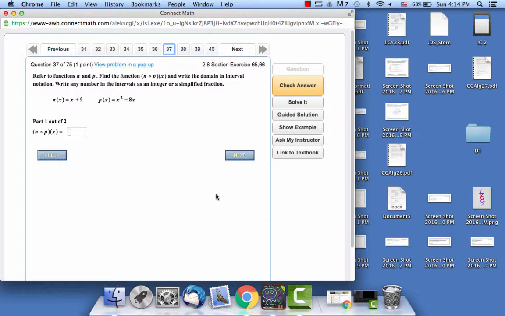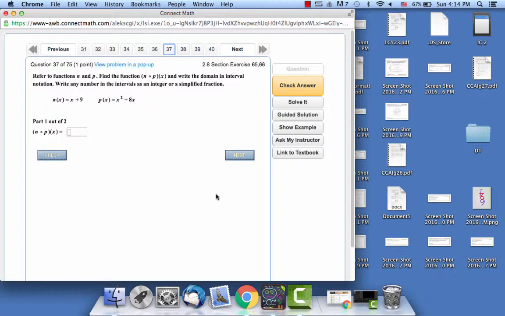Okay, 37. So we have functions n and p, and we want n composed with p, and then we want the domain in interval notation. So domain issues that I talked about before, we only really have if it's a denominator or if it's in an even root right now.